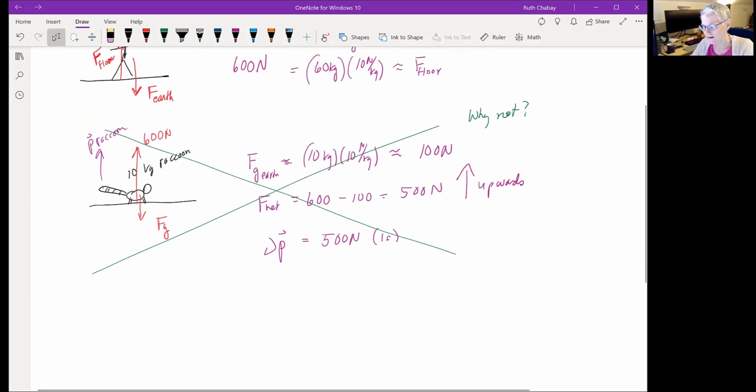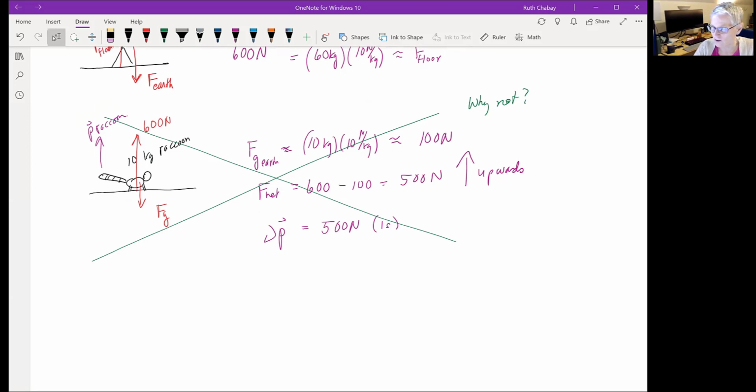It looks like, since we know that the raccoon experiences a downward force of 100 newtons, that in fact the floor must be exerting an upward force of magnitude 100 newtons.